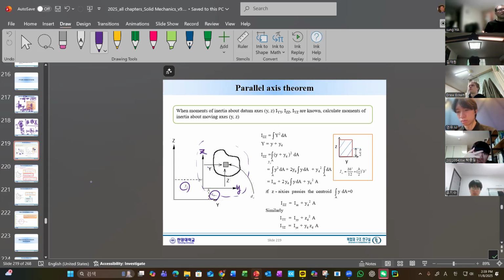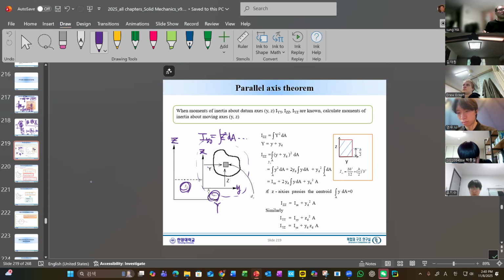The point here is let's say we are given Iy, z squared dA, and so on with respect to this coordinate system. Now, let's say we have another coordinate system, large Y and Z here, with a distance of yd and zd.